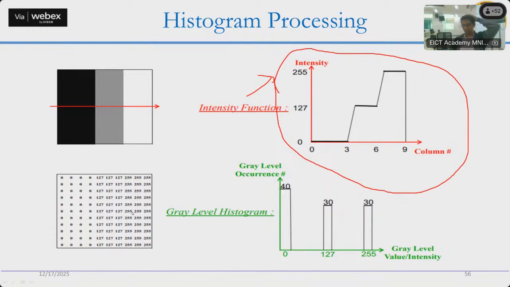Quick question to everyone who is seeing it: is it correct or is there any change? Waiting for your answer.